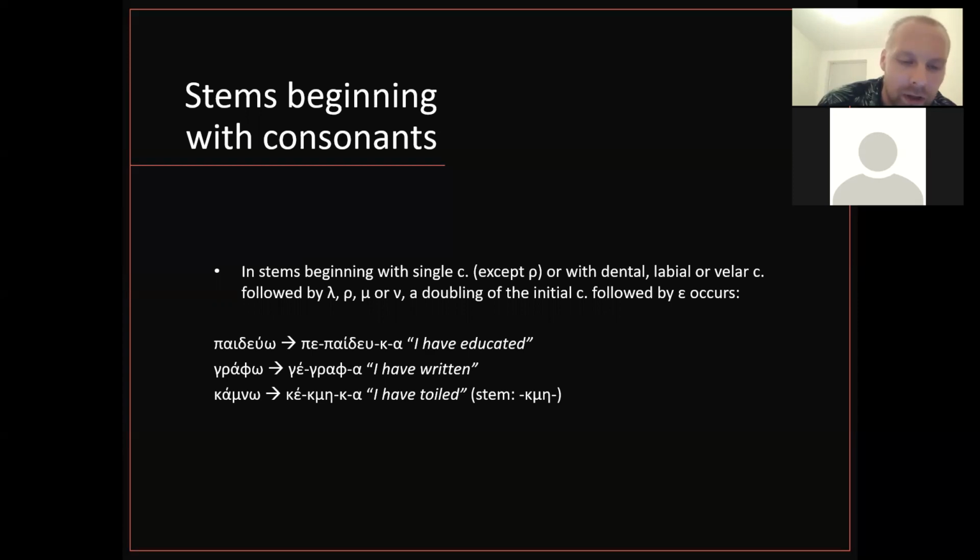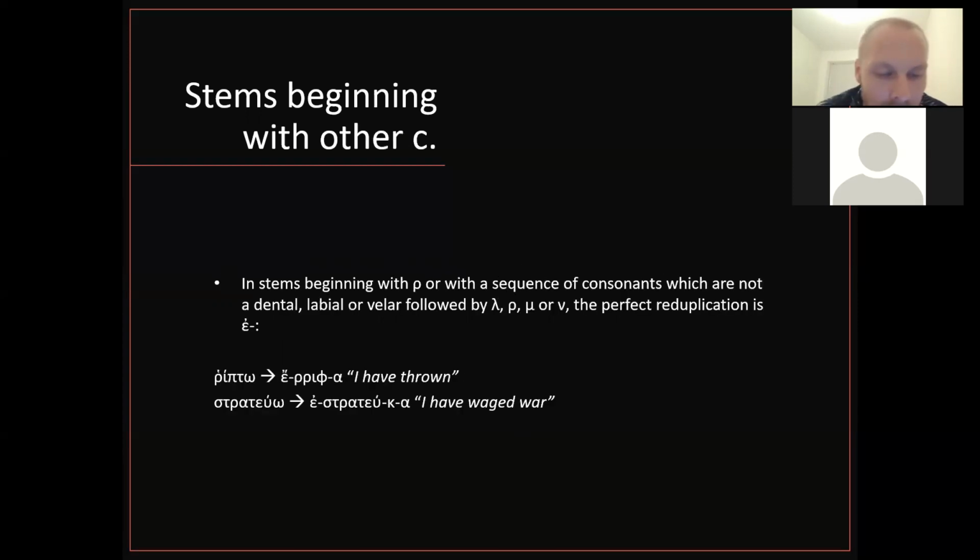Okay. Anyway, if the root of the verb, on the other hand, begins with a rho, or with a sequence of consonants, which is not any of the previously mentioned combinations, then the reduplication follows a different logic. In this case, the reduplication is a simple epsilon.